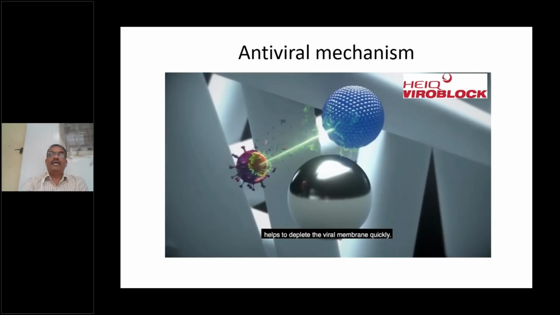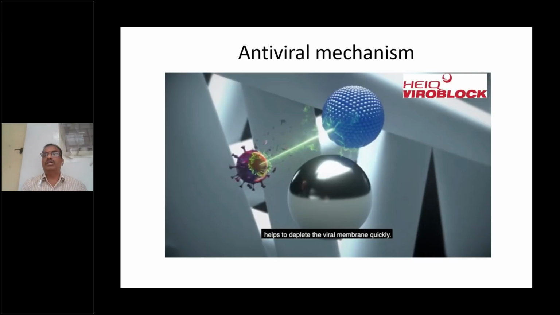That's why silver ions are not highly active against virus, but against bacteria they are highly active. The vesicle technology, this cosmetic grade compound, will destroy the outer coating, the lipid layer of the virus first. Subsequently, the silver ion will destroy the virus.